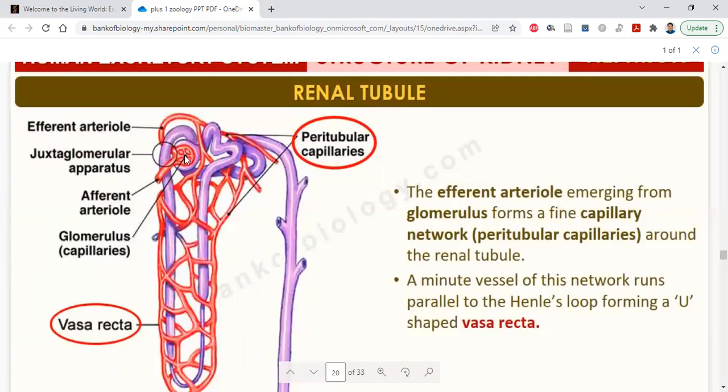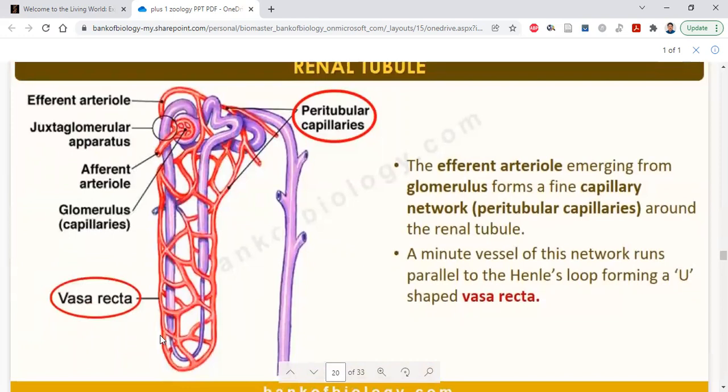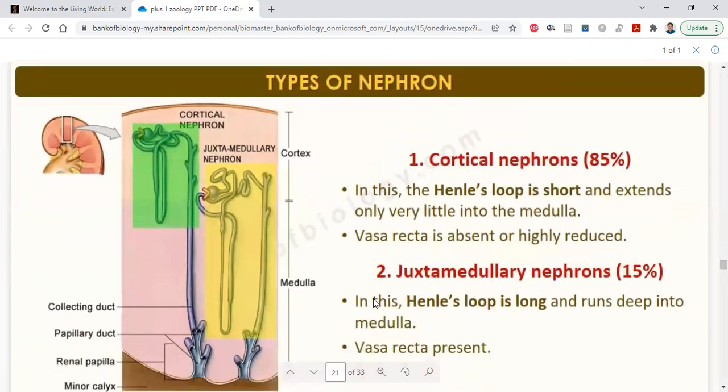From here, these peritubular capillaries form the network. At the loop, they form the U-shaped vasa recta. These are all minute vessels, so you can say they are capillaries also. This is called the vasa recta. As I said, these are the cortical nephrons.